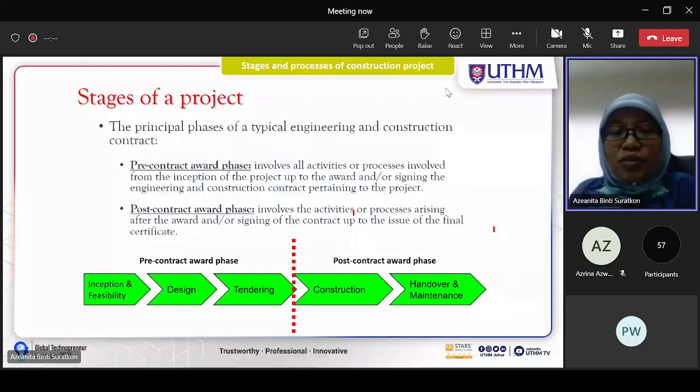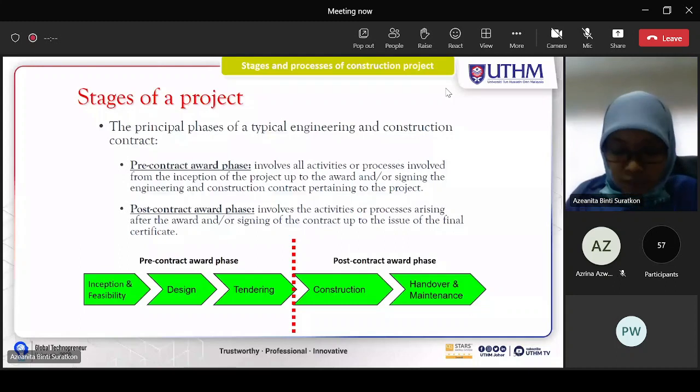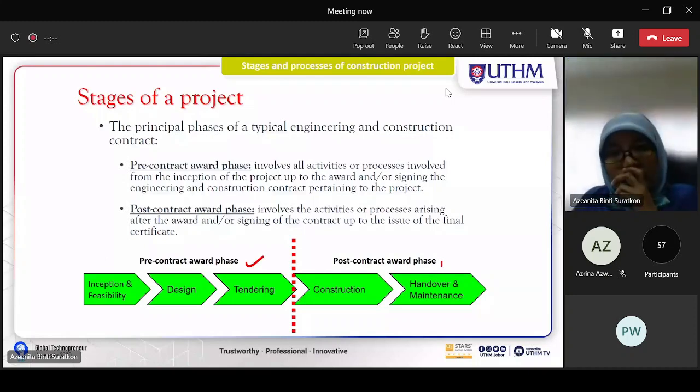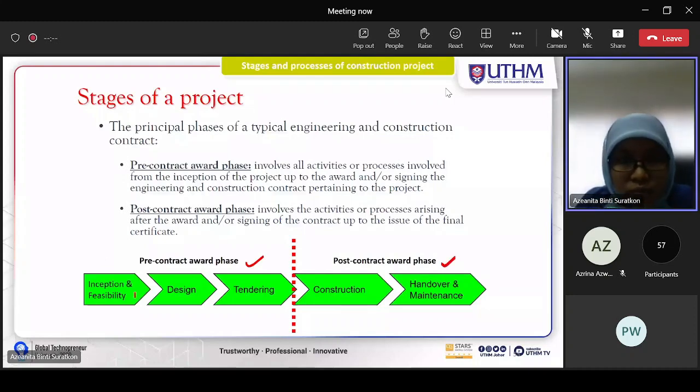Okay. Right, so there are two stages, which is the pre-contract and also this post-contract. Right, so as we can see here, inception and feasibility, design, tendering is under pre-contract award phase. So between this tender and also construction, this is the dotted line here.